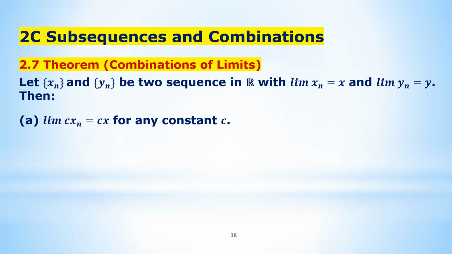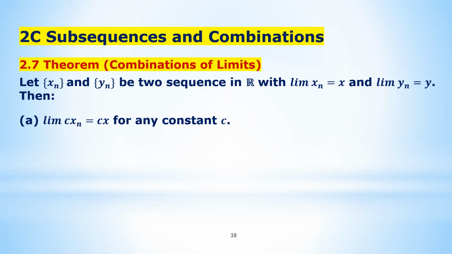Take a constant C: for any constant C, I can create c x_n, which will itself become a new sequence. The first result shows that for this new sequence, the limit is equal to C times x. This means that if the sequence x_n converges to something, then c x_n will converge to C times that limit.